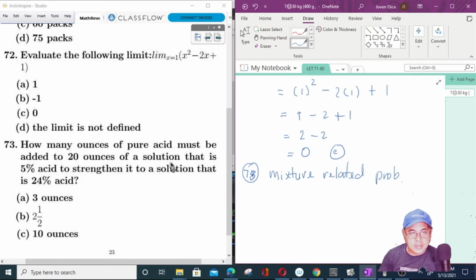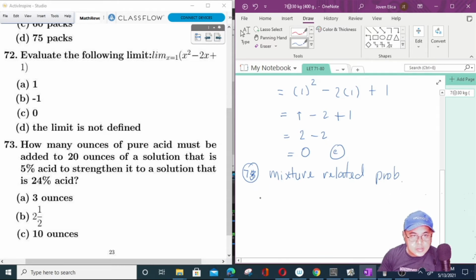Number one, identify and label the given solution with its corresponding percentage. And then second is we need to get the total combined solution. And third, we need to formulate or form an equation out of the step after step 1 and 2 is being done.